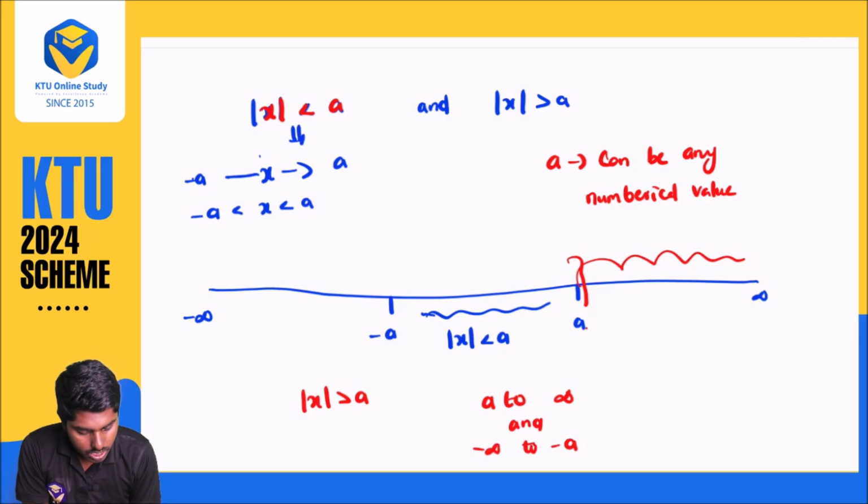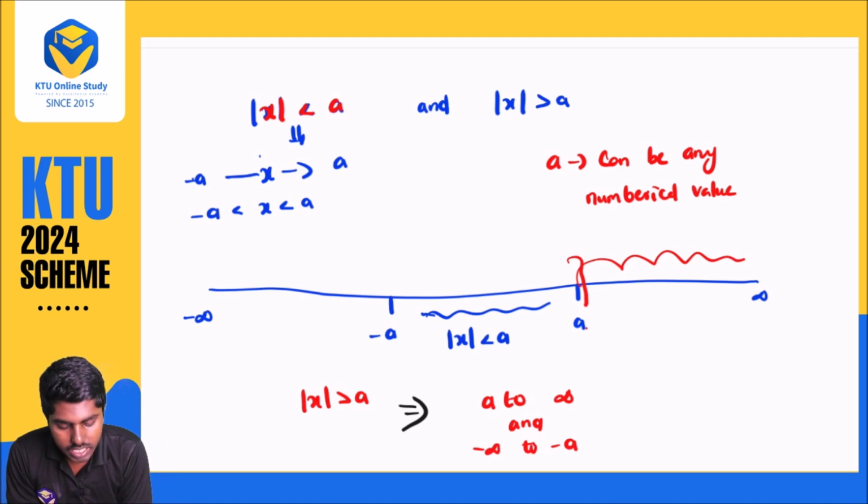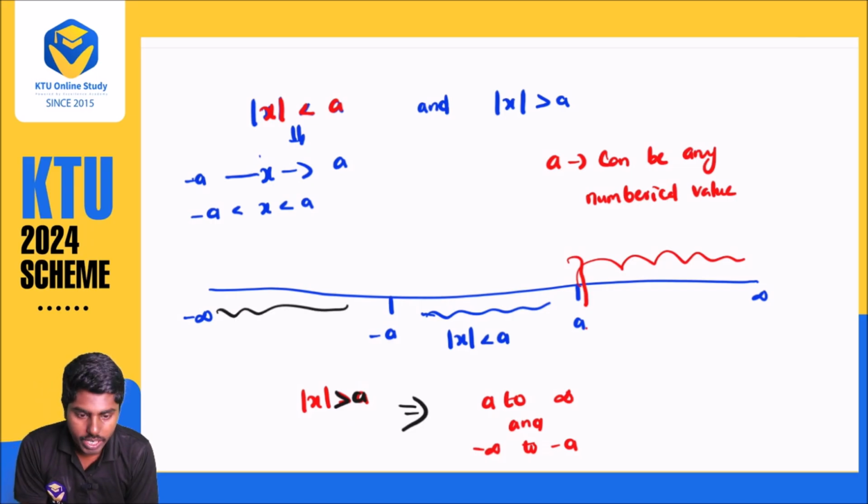These are the representations. Mod x less than a means minus a is less than x is less than a. Whenever they give mod x greater than a, they are indicating minus infinity to minus a, and a to infinity.